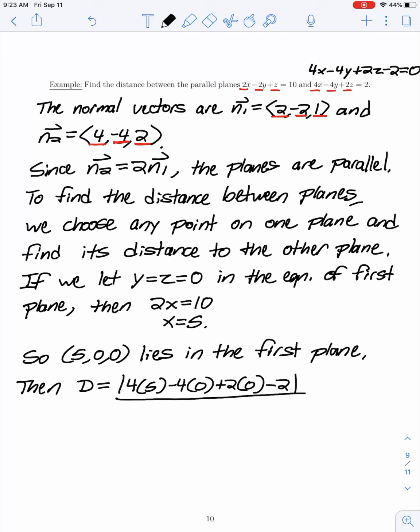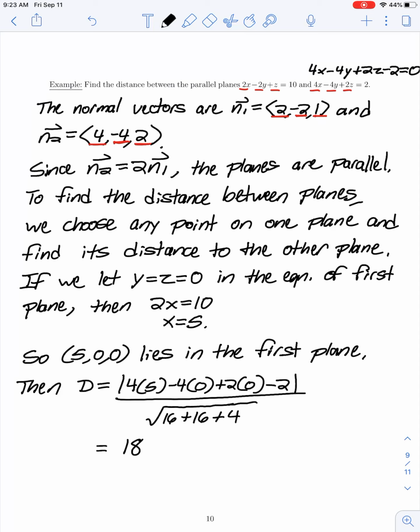And then we divide by the magnitude of the normal vector. So for the second plane, our normal vector was 4, negative 4, 2. So its magnitude would be the square root of 16 plus 16 plus 4. So let's see what we have here. In the numerator, we have a 20 minus 2, which is 18.